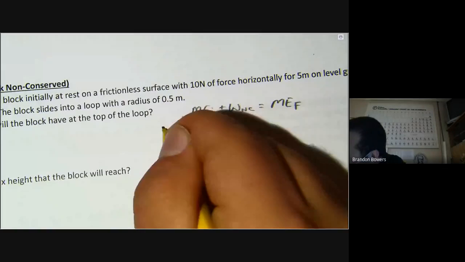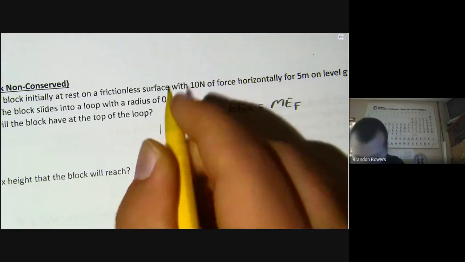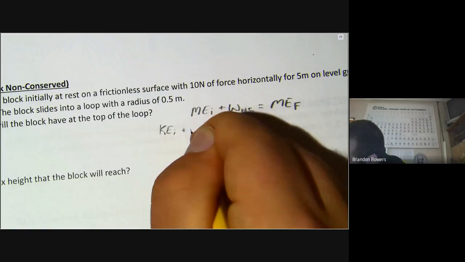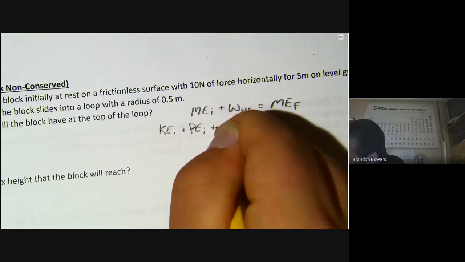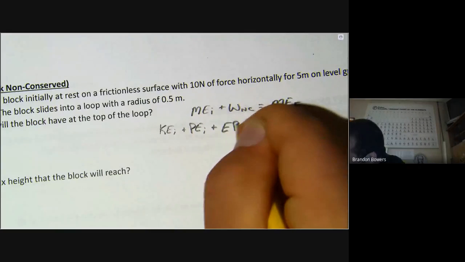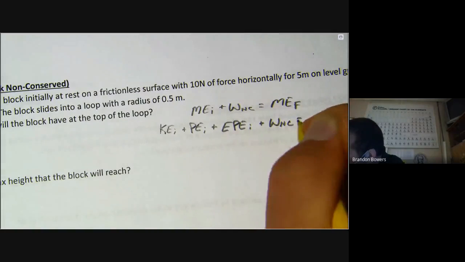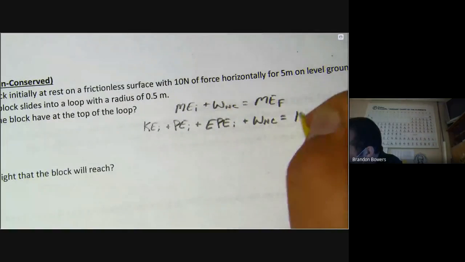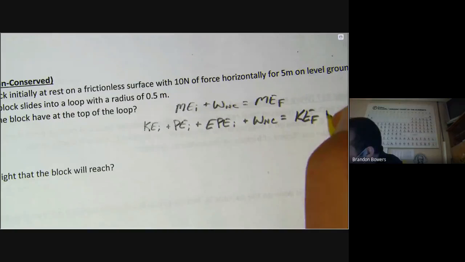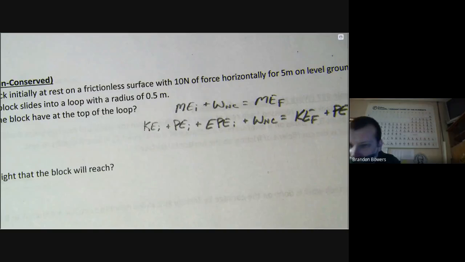So mechanical energy initial is my kinetic energy initial plus my potential energy initial plus my elastic potential energy initial, plus my work non-conserved, is equal to my kinetic energy final plus my potential energy final plus my elastic potential energy final.